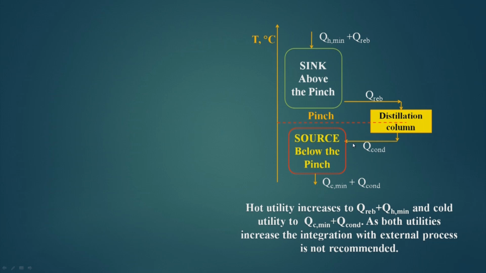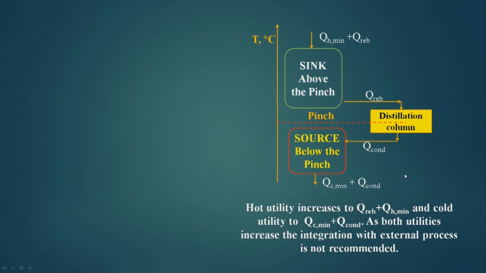Similarly, I am rejecting heat to an area which is a source area, that means it has got more heat than required. So, obviously this heat will go to the cold utility, and that is why the cold utility amount has increased from QC minimum to QC minimum plus Q condenser.